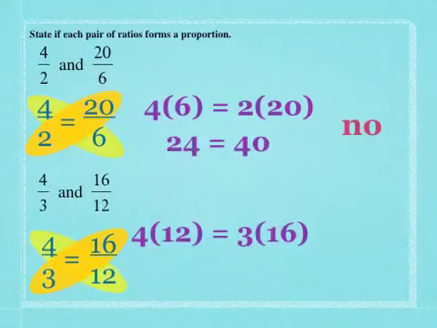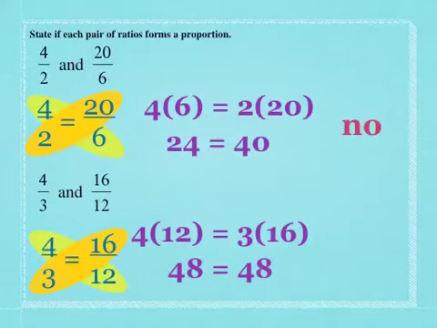Well, 4 times 12 is 48, and 3 times 16 is 48 as well. This is a true statement, or an identity. 48 does equal 48. So 4 over 3 and 16 over 12, yes, they are proportional.